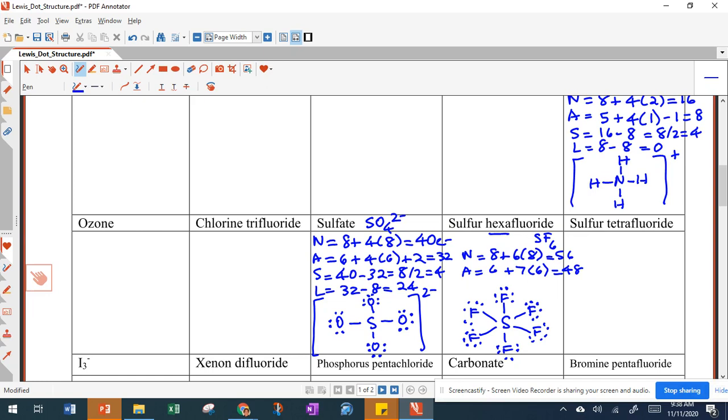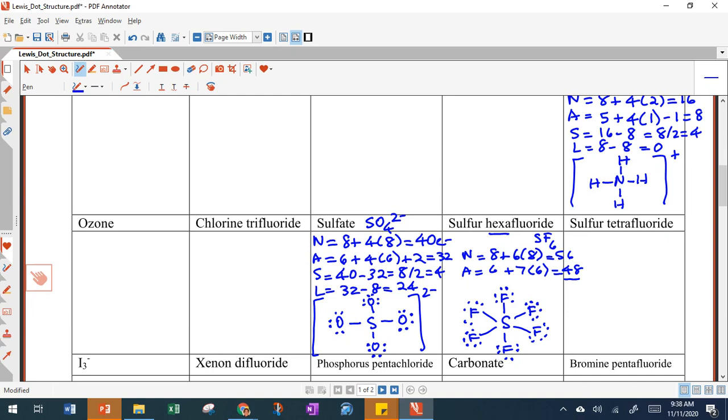Each fluorine has 6 electrons around it, so 6 times 6 is 36. Then I have 6 bonds, so 6 times 2, which is 12. 36 plus 12 is 48, which is the number we have available from our valence electrons.